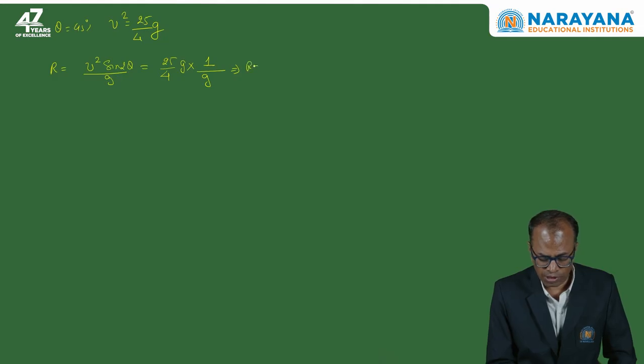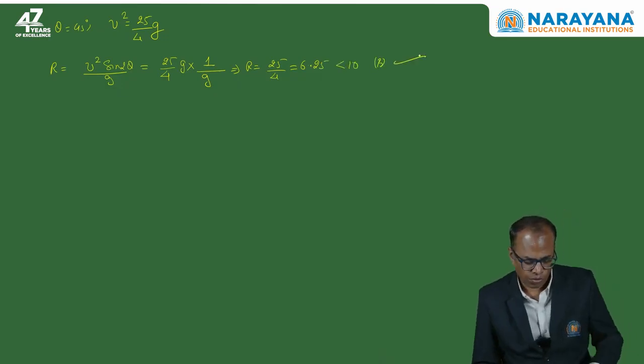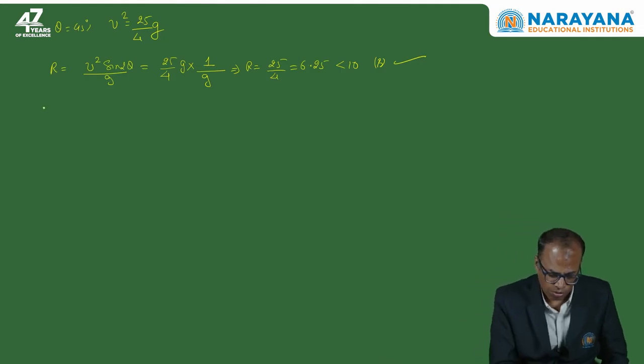So I get range as 25 by 4, which is 6.25. Clearly this is less than 10. So option B is correct. For option C, I need to go for theta is equal to 30 degree. First I need to find the speed.